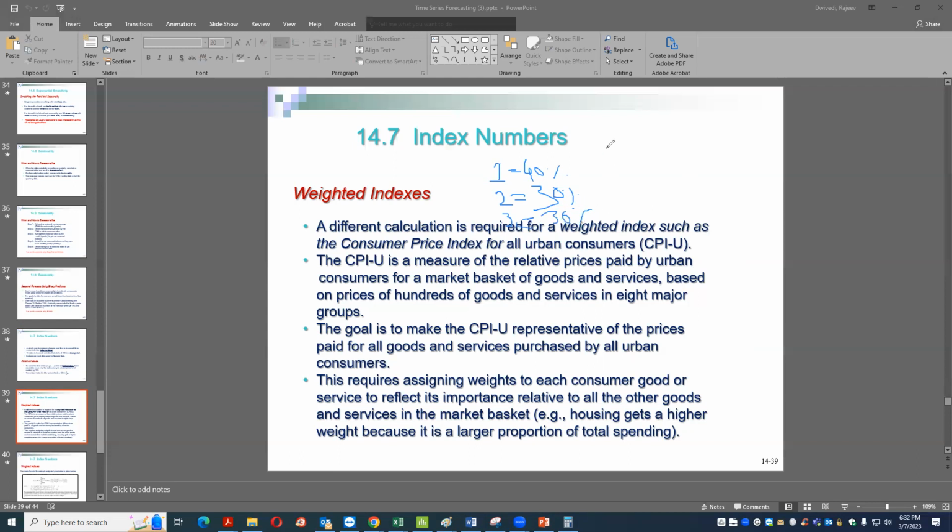By simply doing 0.4 into, as of now, the value of the stock today, divided by the first day value, so YT upon Y1, plus 0.3 XT divided by X1, plus 0.3, or any other number, ZT divided by Z1. So the day one, when it was incorporated, the value, and today.